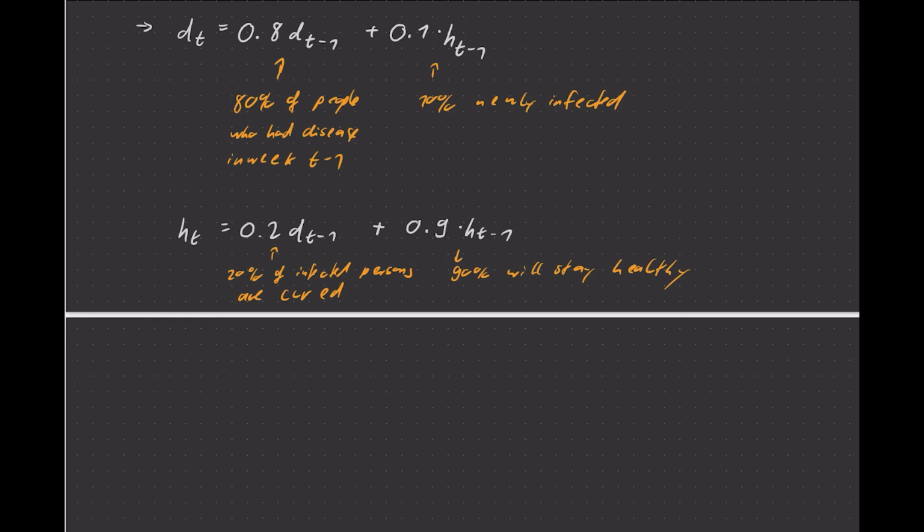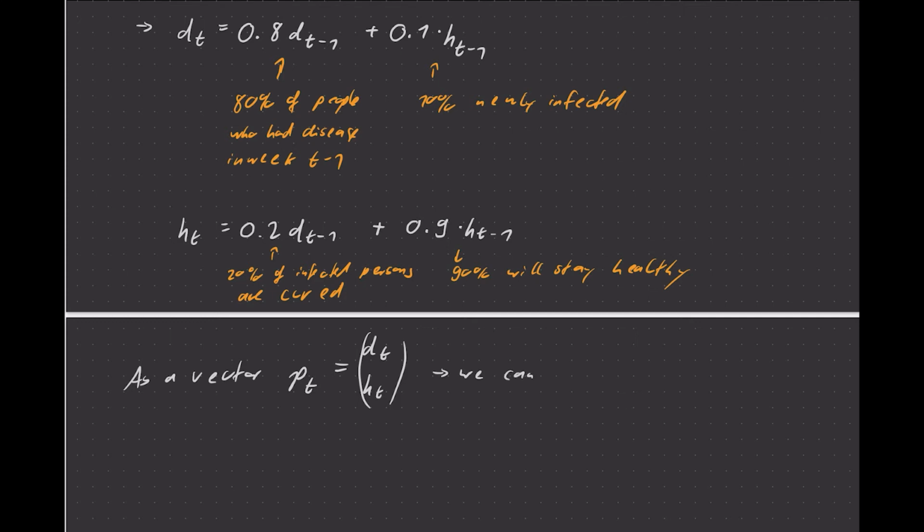So let's try to write this in vector form. We'll introduce a vector p_t, population at time t, that consists of the components d_t and h_t.